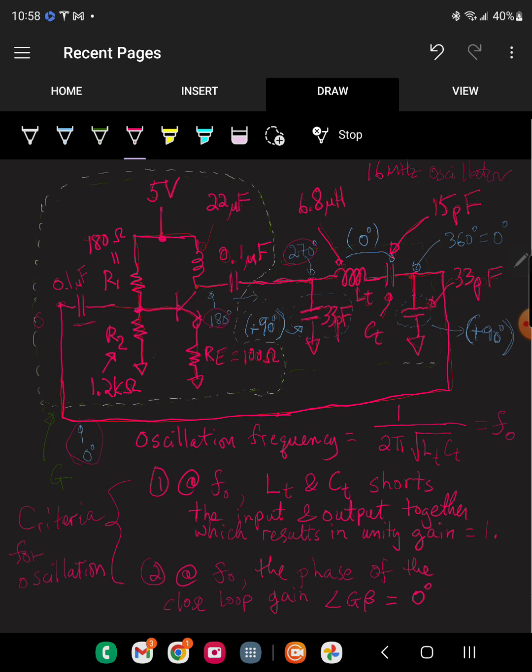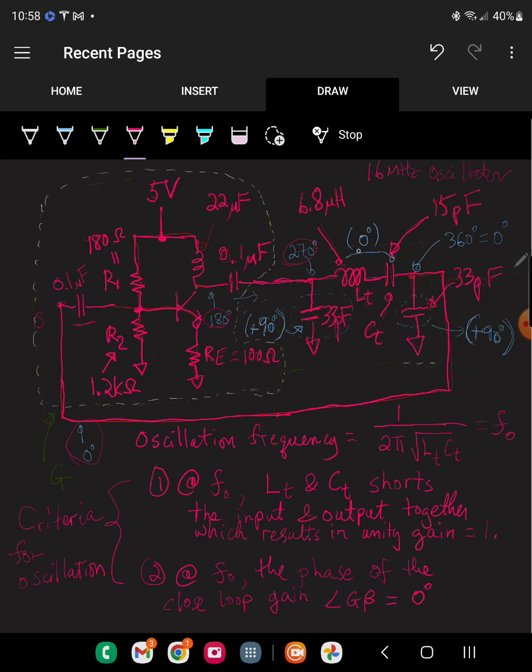So now the signal is 270 degrees. Okay. And then you have this tank circuit made out of this inductor and this cap in series. At the resonant frequency, the L and C becomes a short circuit. Basically, the impedance of this inductor equals the impedance of this cap, so that when you add them up in series, it cancels out. It's like a short circuit, right?